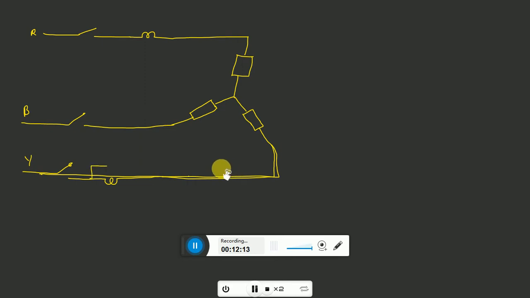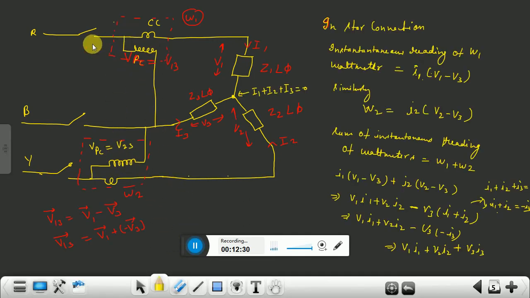Here we connect a current coil, and this is the pressure coil. Basically this is R phase, B phase, and Y phase.